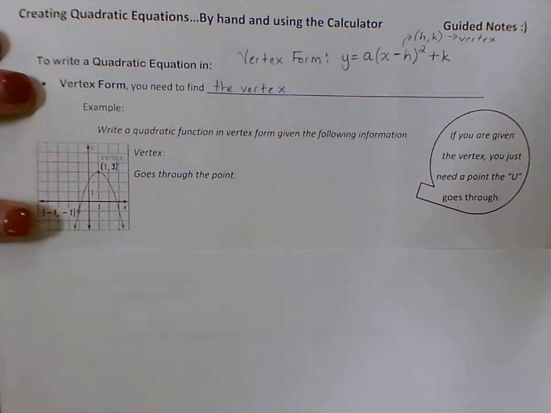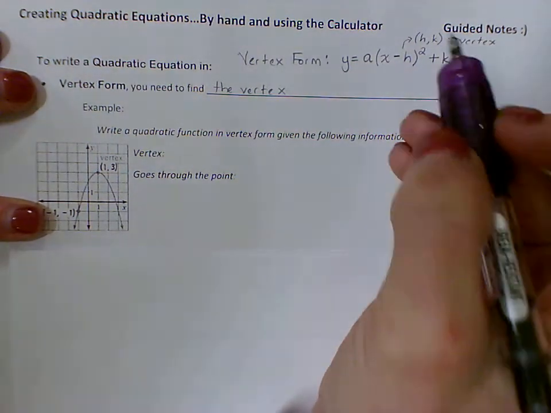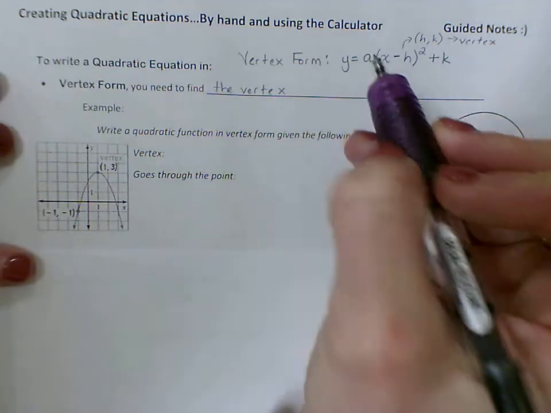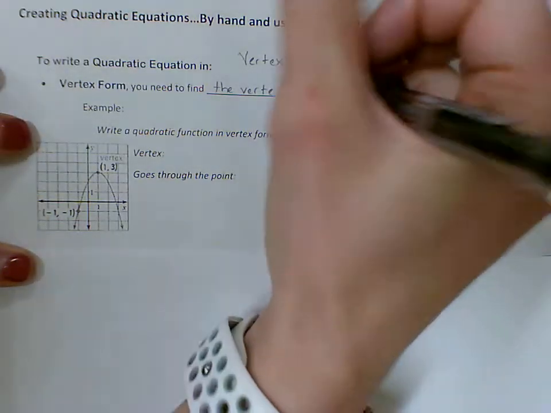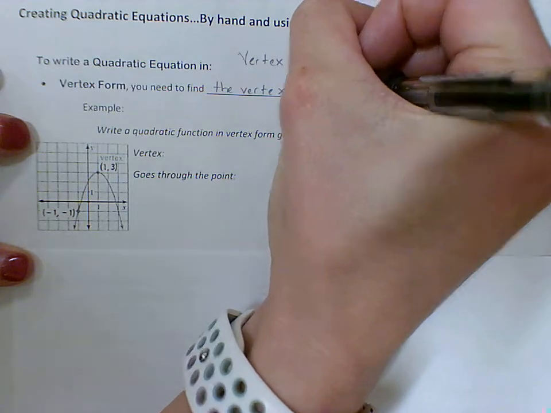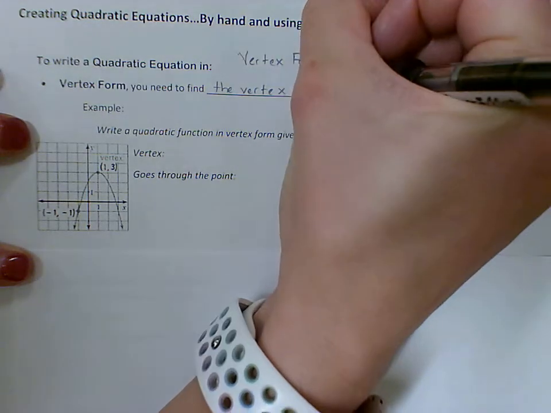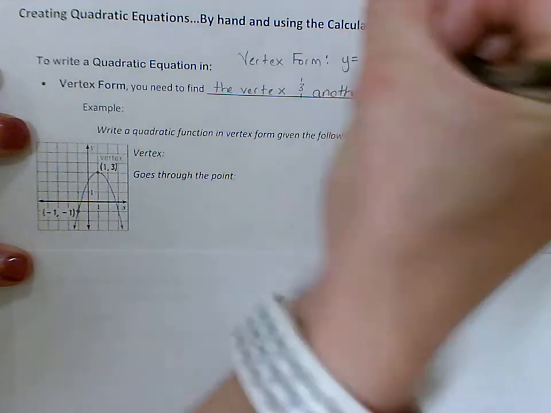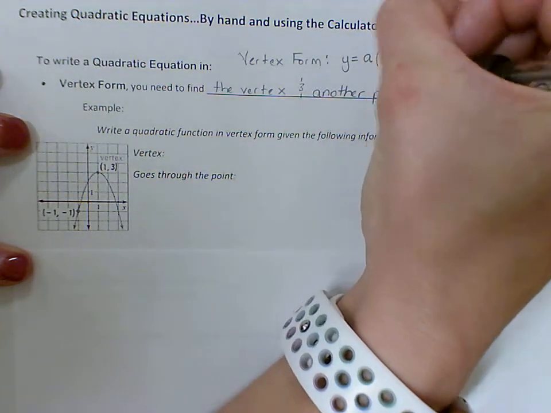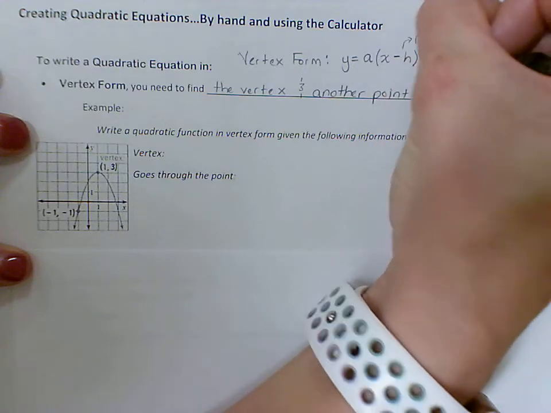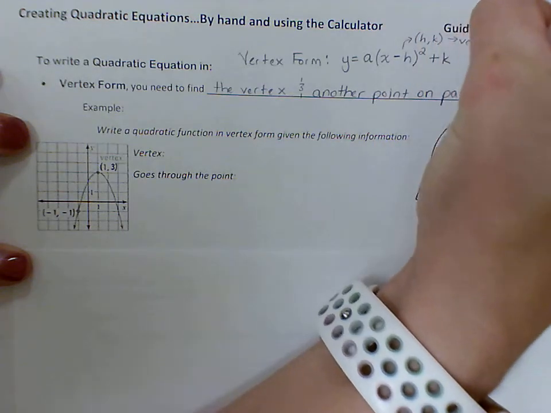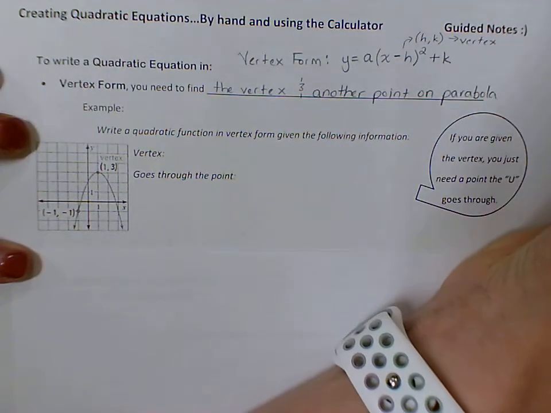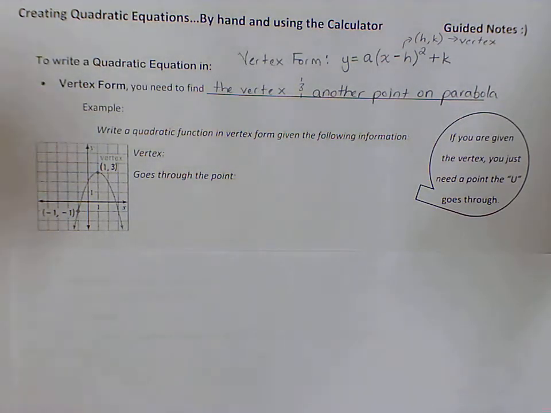And then the other thing, which you're going to use to find the number that goes up front, is you have to know another point that the parabola goes through. Okay, so you not only have to have the vertex, but you have to have some other point on the parabola. Sometimes they'll just give it to you, sometimes they might give you a graph, and if they give you a graph, all you have to do is find a point that it goes through.